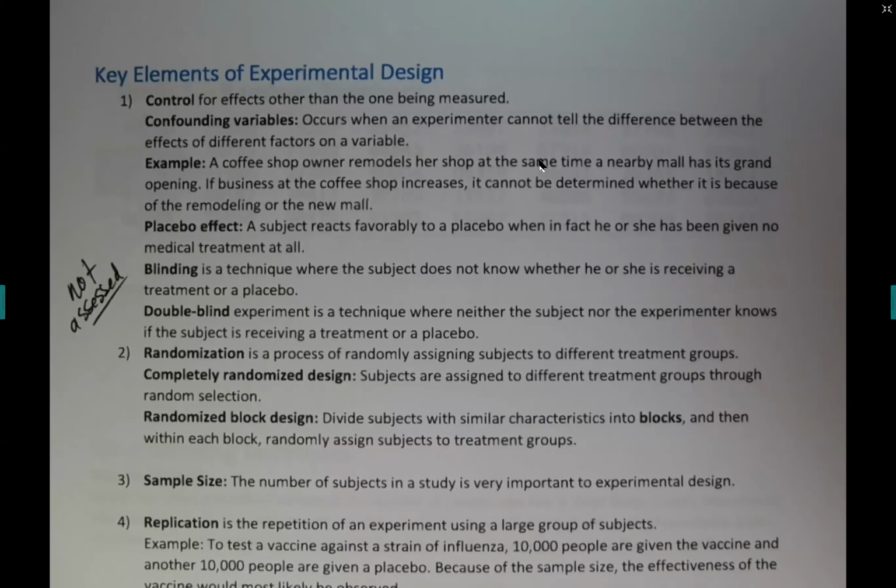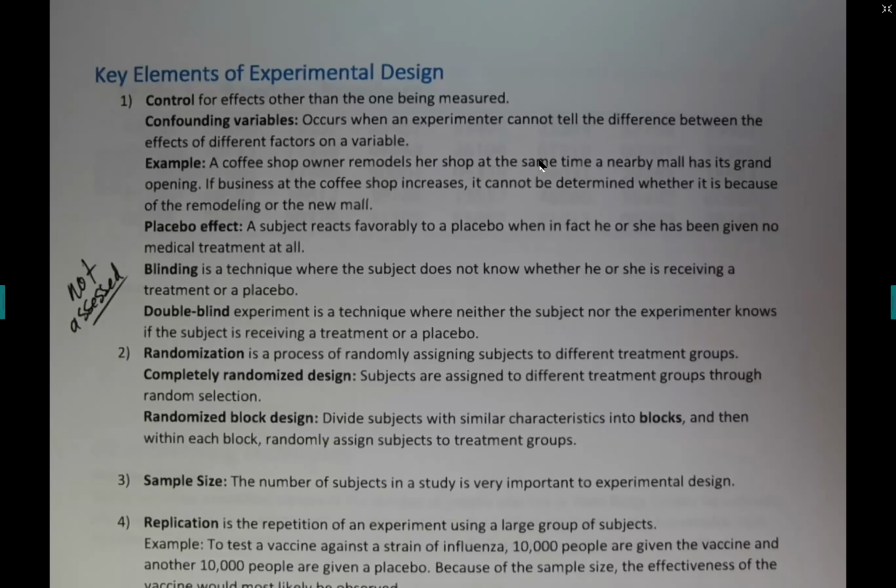If the business of the coffee shop increases, it will be hard for the owner to tell whether this was a result of remodeling or it was a result of the new mall opening, because the new mall is going to generate more traffic. So you wouldn't be able to tell what caused the profit to increase. It could be both. It could be one of them. It could be just the mall. And that's what we call a confounding variable. Okay.